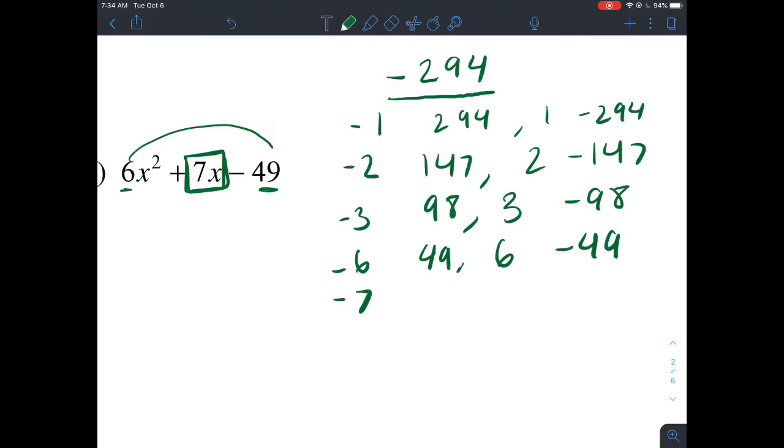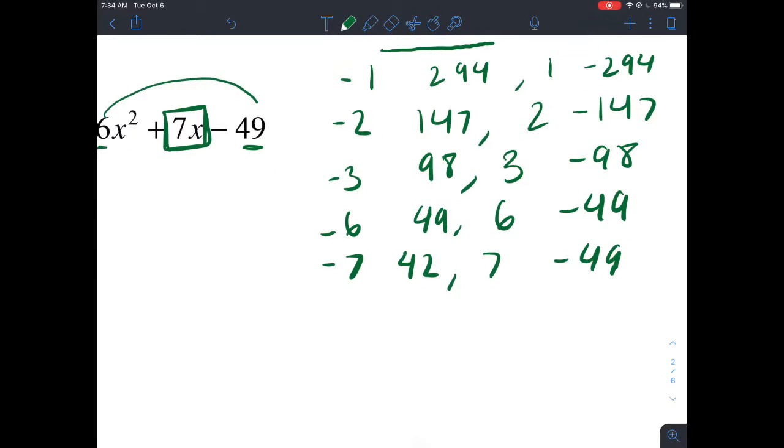So let's try 7. So we would do negative 7 and 42. Or we could do positive 7 and negative 42. Again, not going to add up to 7, but that's okay. Let's keep going. So we can try 8. 8 doesn't go into it. 9 doesn't go into it. 10 doesn't go into it. 11 doesn't go into it. 12 doesn't go into it. 13 doesn't go into it.